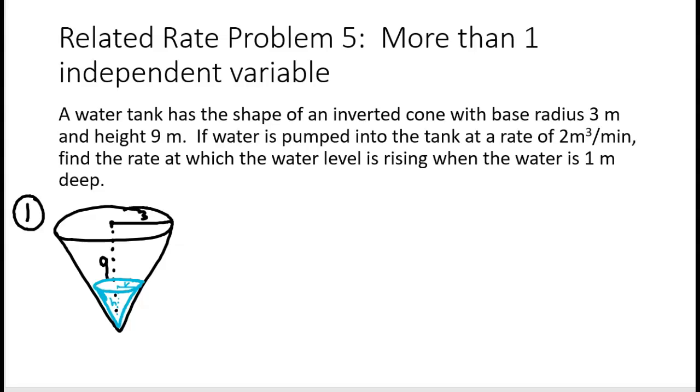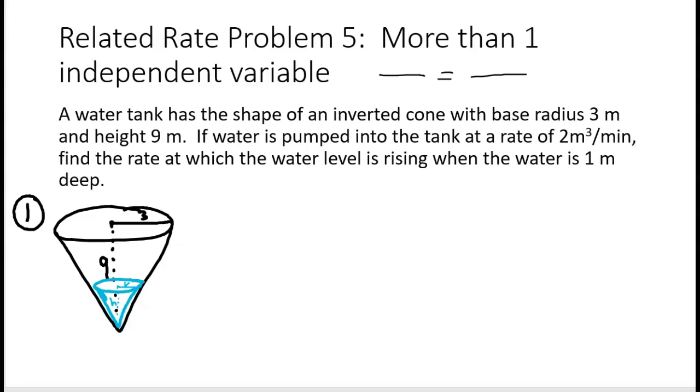But what I want you guys to notice is, once again, we've got some similar triangles. I've got this big one here, and then I've got this littler one here. All right, so before we go any further, I want you guys to set up a ratio that will work based on these two factors.